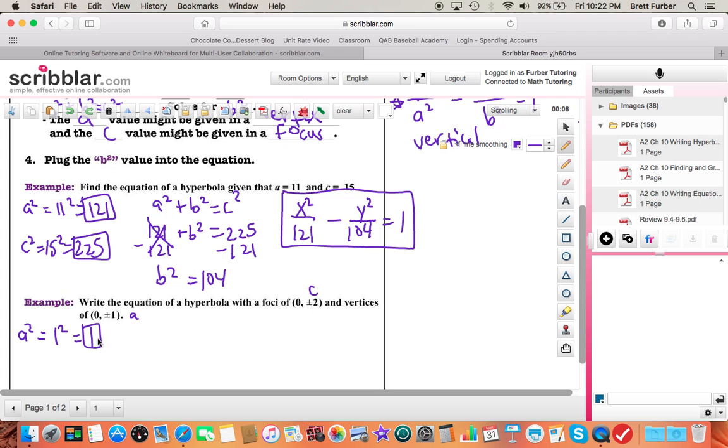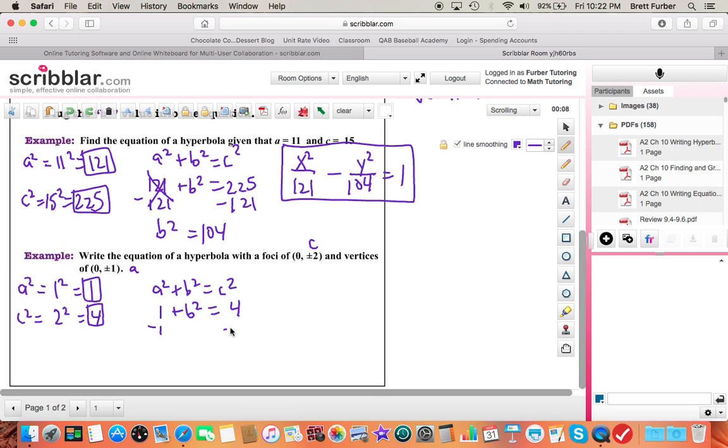So that gives me an a squared value of 1. b squared I'm going to have to find using the Pythagorean theorem equation. a squared was 1. c squared is found by taking 2 and squaring it, so the c squared value is 4. If I solve this, I subtract 1, and I get that b squared is 3.